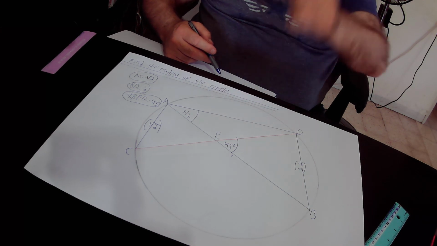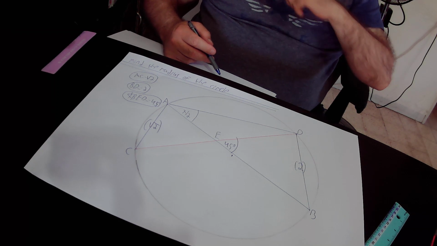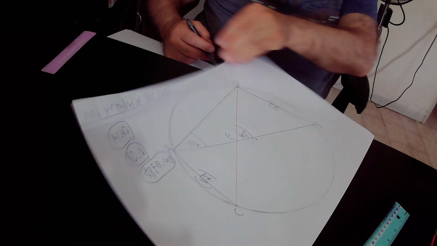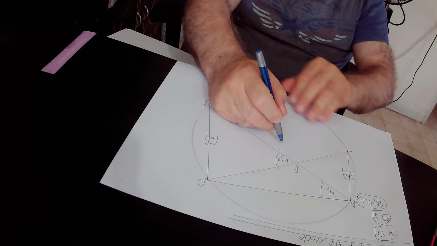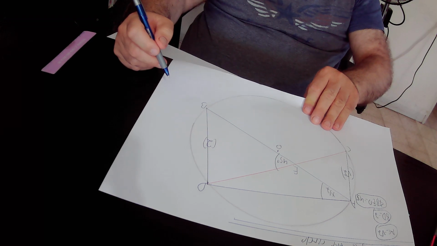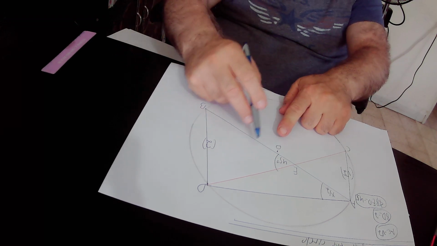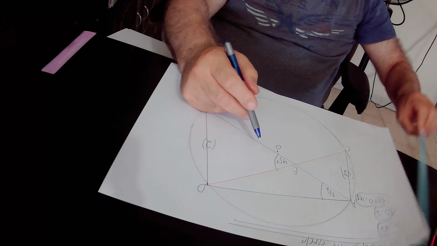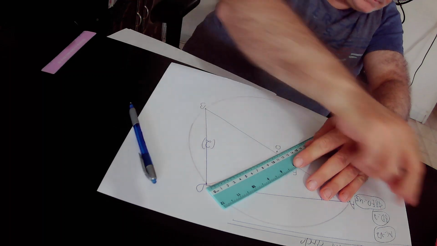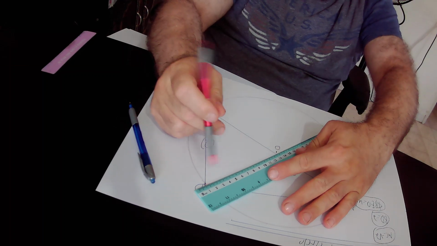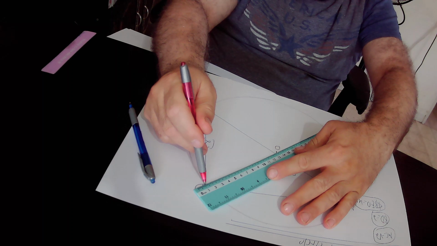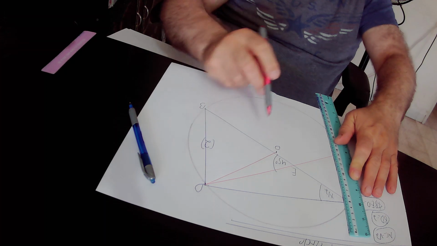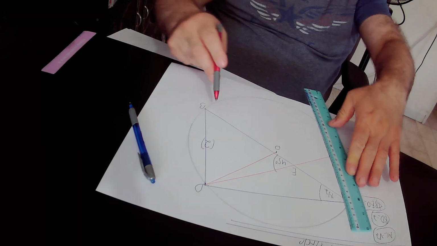In the next step, we will define the center of this circle, this point, as point O. And we will join points O and D together by a straight line. Likewise, we join points O and B together by a straight line.